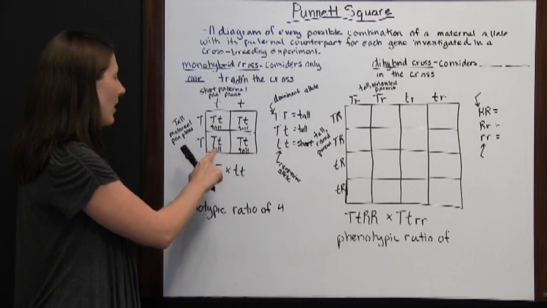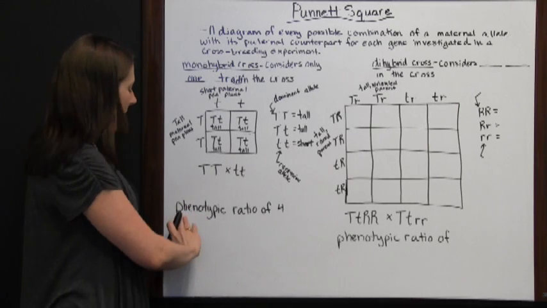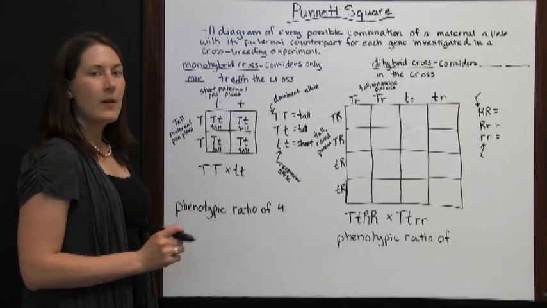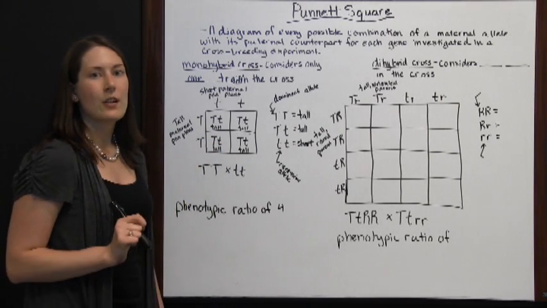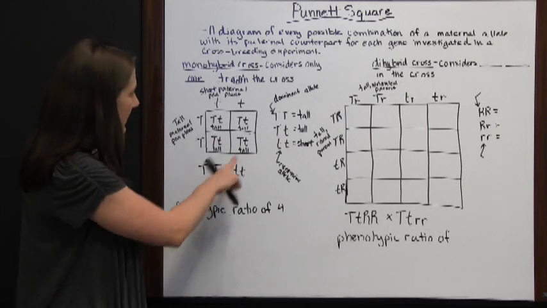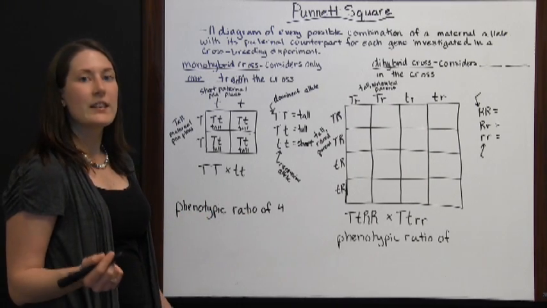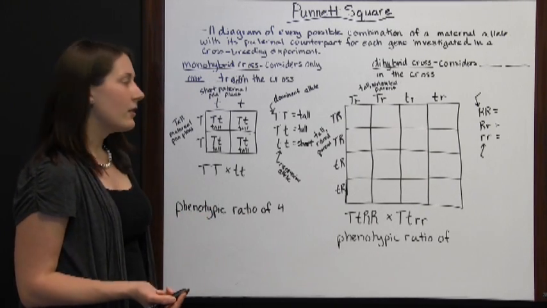It would still be tall, and so that's all we're looking at is what it looks like, not what the letters of our alleles are in the Punnett square. So since they're all going to look tall, our phenotypic ratio is 4. They will all 4 be tall.